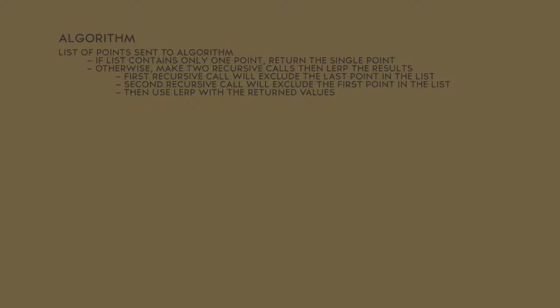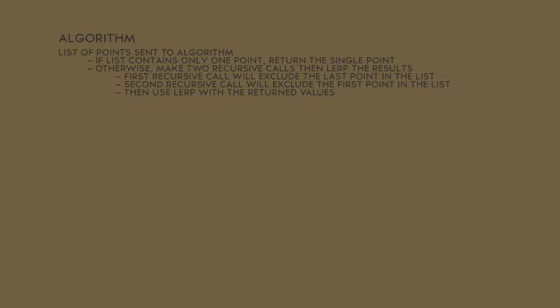So this version is a little bit different than the repeated call with only the subset of points as a result. We have a list of points that we get in our algorithm. If the points only contain one result, we will return the point. Otherwise, it'll at least contain 2 points. We need to make a recursive call, sending it a list of points with the last one taken out.